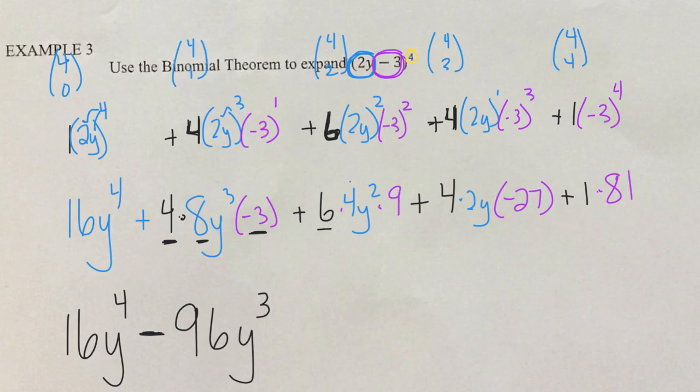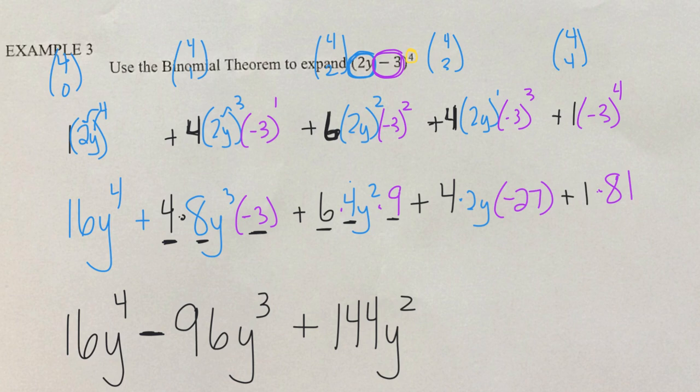Now we have 4 times 6 times 9, which is 36 times 6, is that 144? Right, and that's a positive because all those numbers are positive.